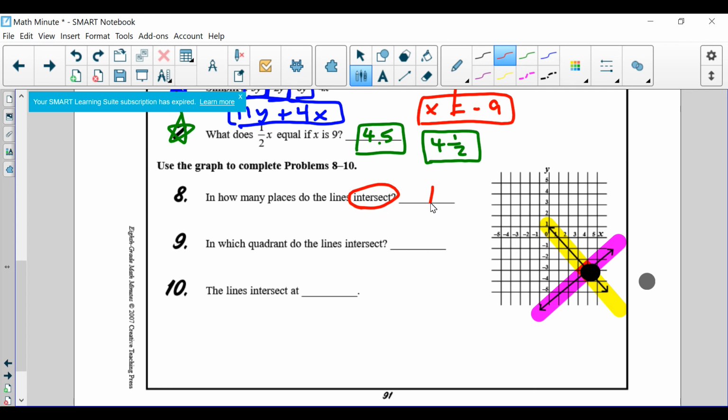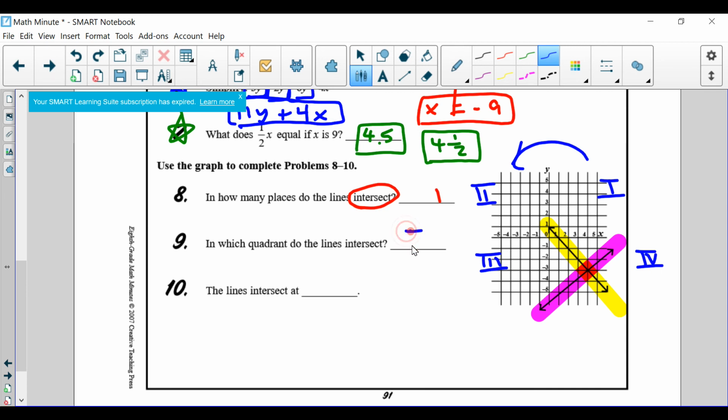So let's go ahead and find out what quadrant they cross at. So we know this is actually quadrant 1. And I'm going to write that in blue because quadrant 1 is only positive values. This is quadrant 2. It's going counterclockwise. This is quadrant 3. And this is quadrant 4. So which quadrant do they end up in?